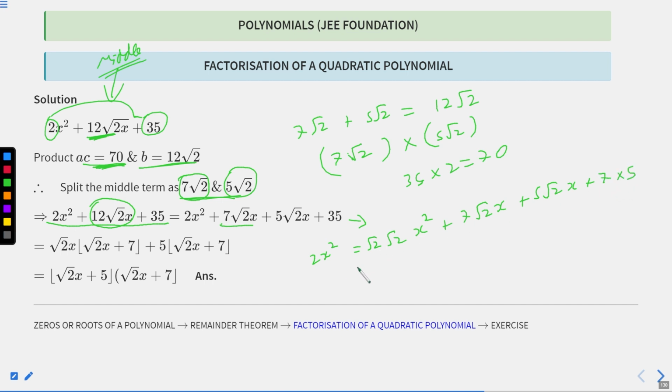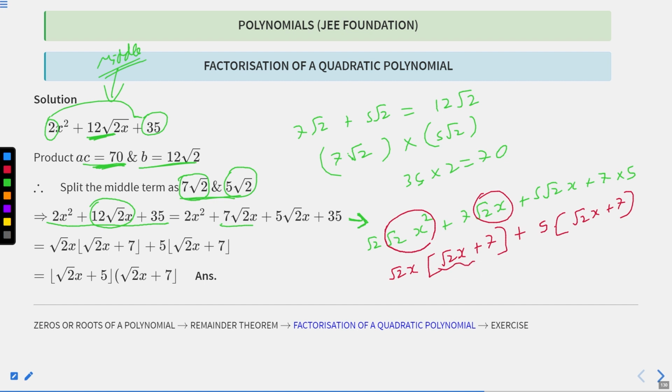Now I have written the quadratic polynomial in this expanded form. Taking root 2x common from the first two terms, I am left with root 2x plus 7. Taking 5 common from the last two terms, I am left with root 2x plus 7.